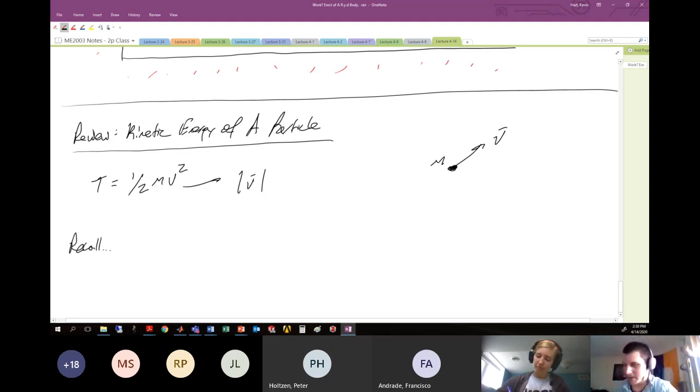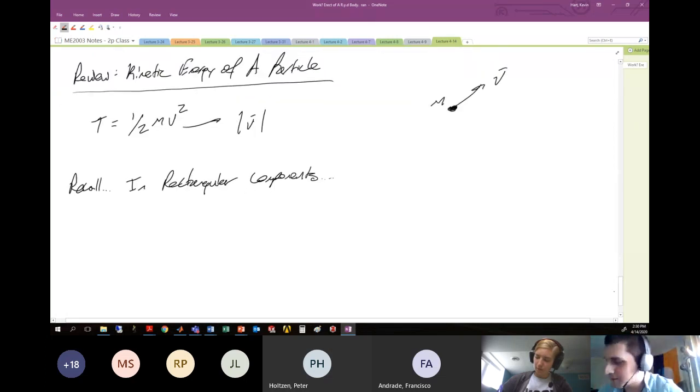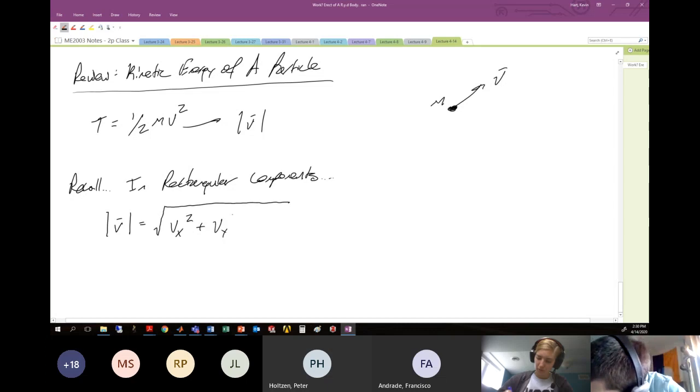if we can, that in rectangular components, the magnitude of the velocity is the square root of the sum of the squares of the individual components, which is Vx squared plus Vy squared plus Vz squared.